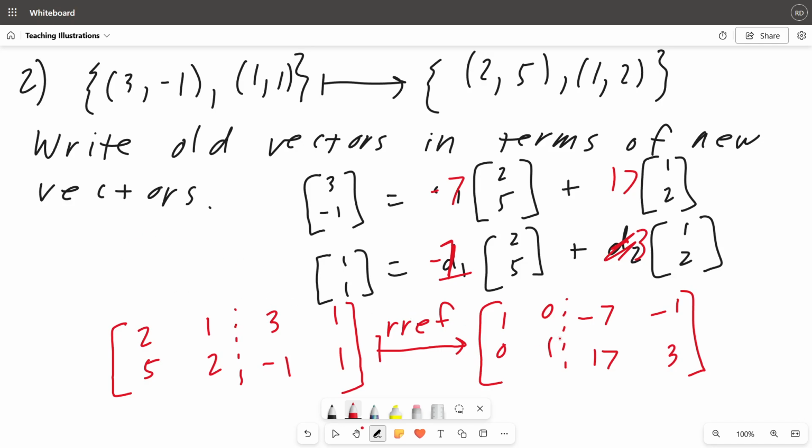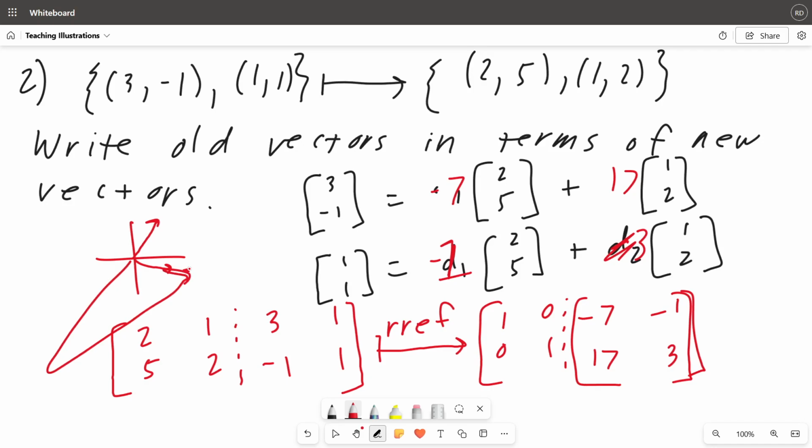So then our transition matrix is this guy. It is the columns that we've just found, the coordinates for each of the old vectors. So we're saying that if you wanted to go to the same spot as (3, -1), whatever this new system is, (2, 5) and (1, 2), you would go -7 in the direction (2, 5), and then 17 in the direction (1, 2).